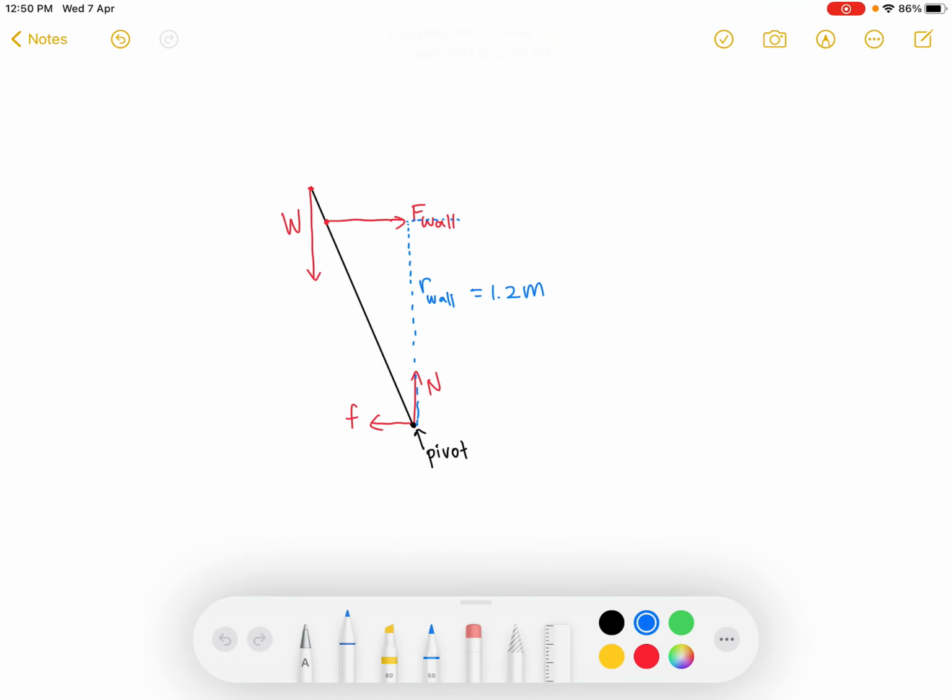Going back to our free body diagram, to find the lever arm between the weight force and the pivot point, you extend your weight force and draw a line perpendicular to the weight force passing through your pivot point. That will be the lever arm for your weight force, which is equal to 0.35 meters.